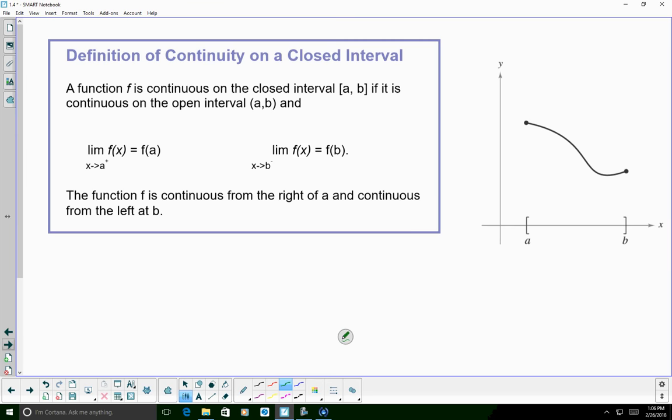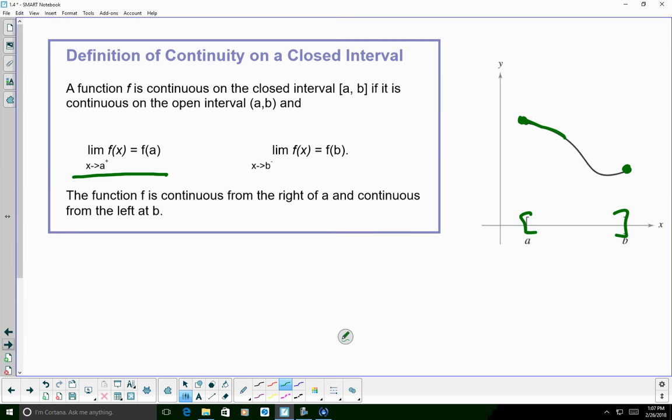The reason why this is helpful is if I have a closed interval from A to B. I have solid dots here, which means I have a value at A, I have a value at B. I can find the limit of f of x as x approaches A from the right, and I can find that limit to be whatever that number was.